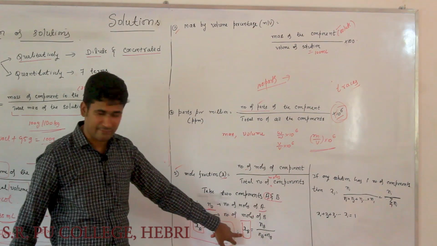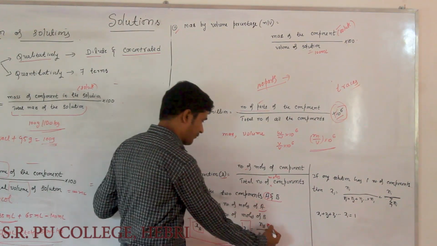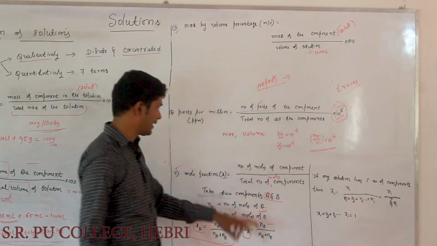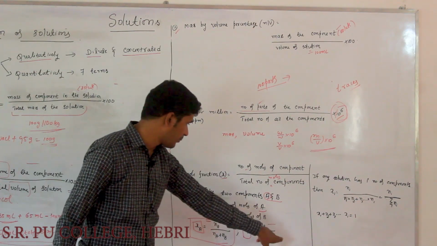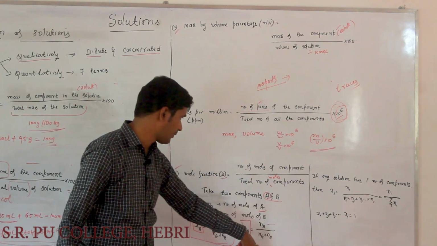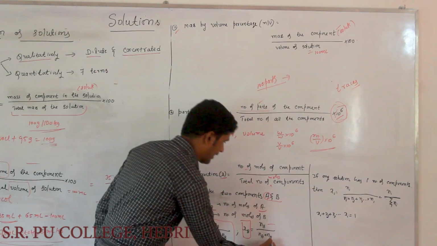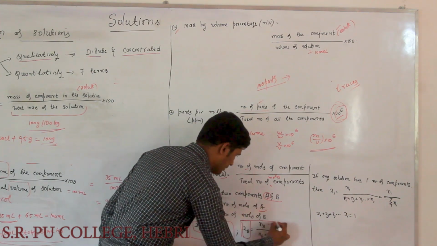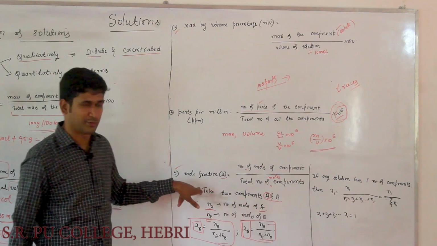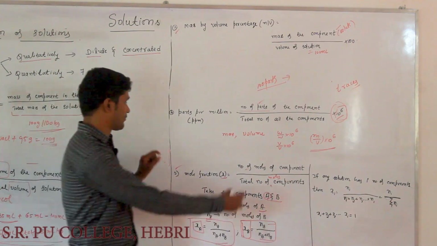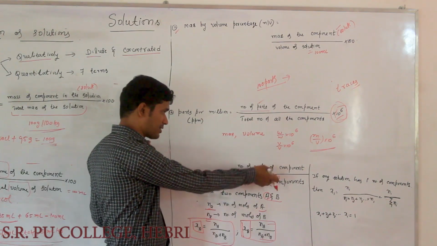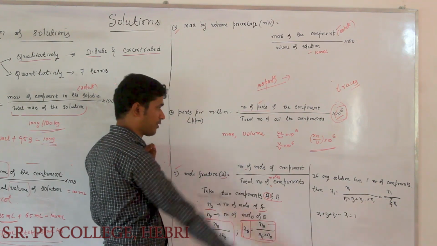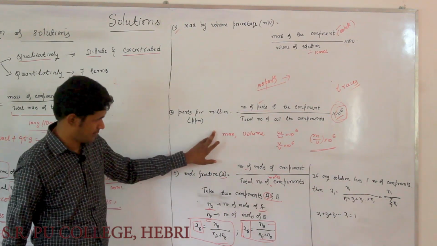The mole fraction of B is given by the number of moles of component B divided by the total number of moles of all the components, n of A plus n of B. So this is for binary solutions. You understood? The formula is simple: number of moles of component divided by total number of moles of components.